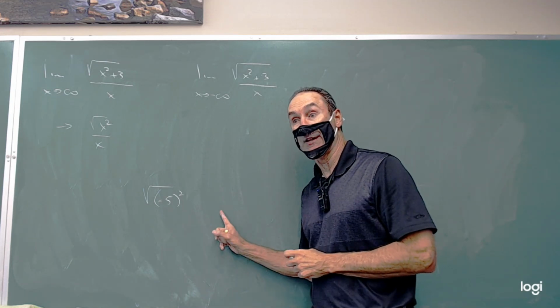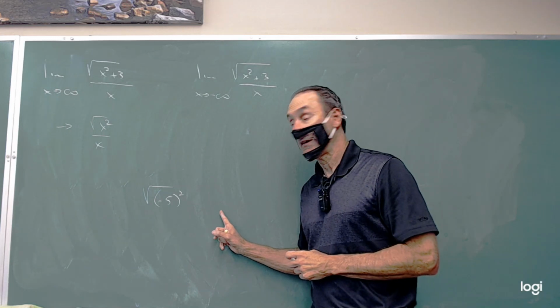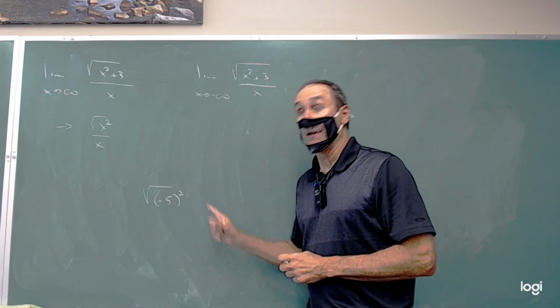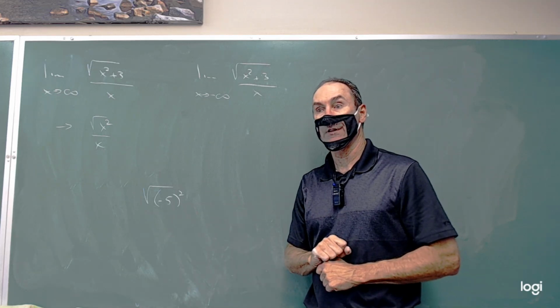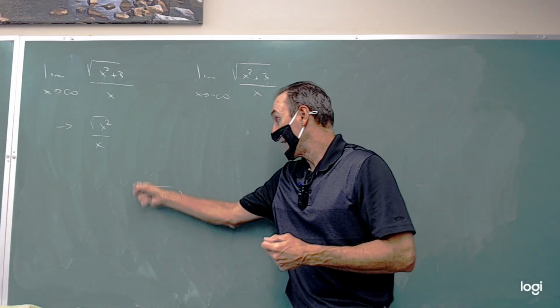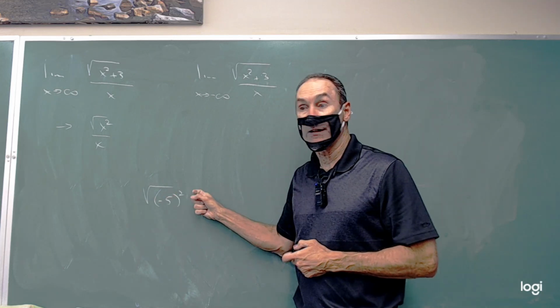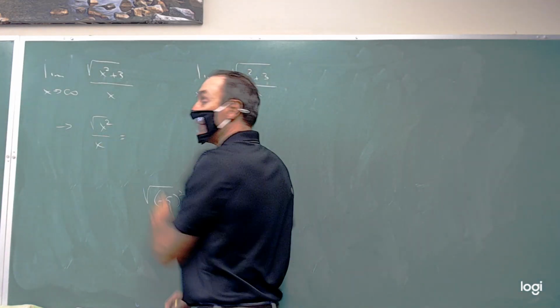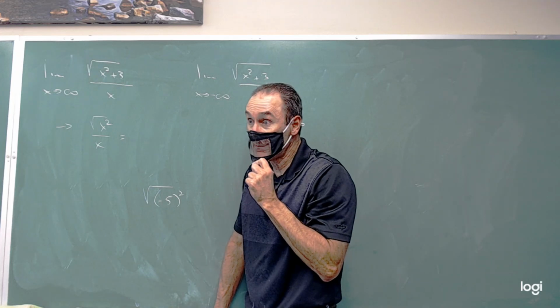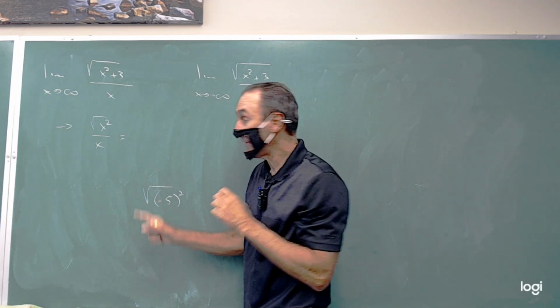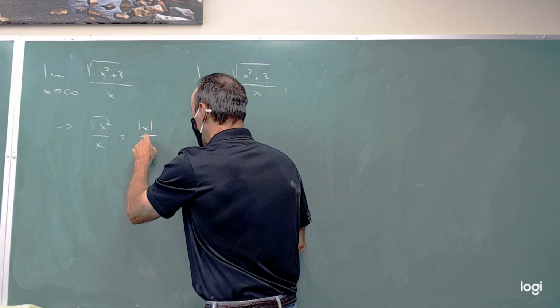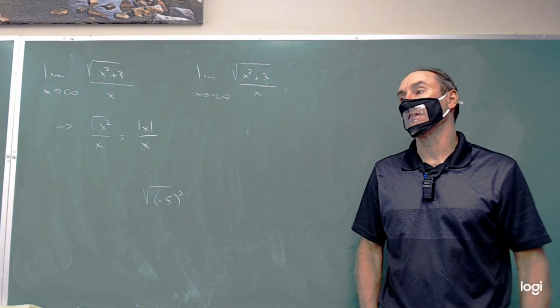Is this equal to negative 5? Can't be. Oh, it has to be positive. There are 2 square roots of 25, 5 and negative 5. This symbol means take the non-negative one. So what we get here is not x, because x might be a negative number, but a square root of anything cannot be negative. Therefore, it must be the absolute value of x.